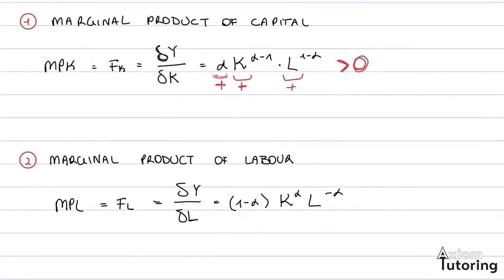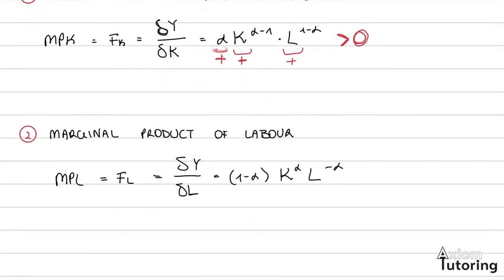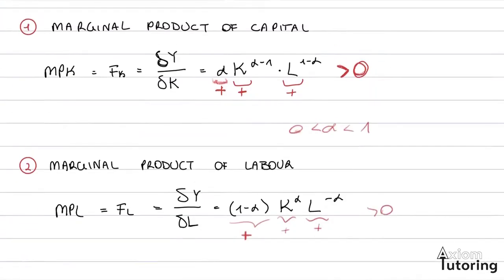And again, we're going to have a positive term because 1 minus alpha is positive, as we've said already that alpha is between 0 and 1, and capital and labor are going to be positive again. So mathematically speaking, both the marginal product of capital and the marginal product of labor are positive, meaning that if we add capital or labor, output is going to increase. And if we take away capital or labor, output is going to decrease.